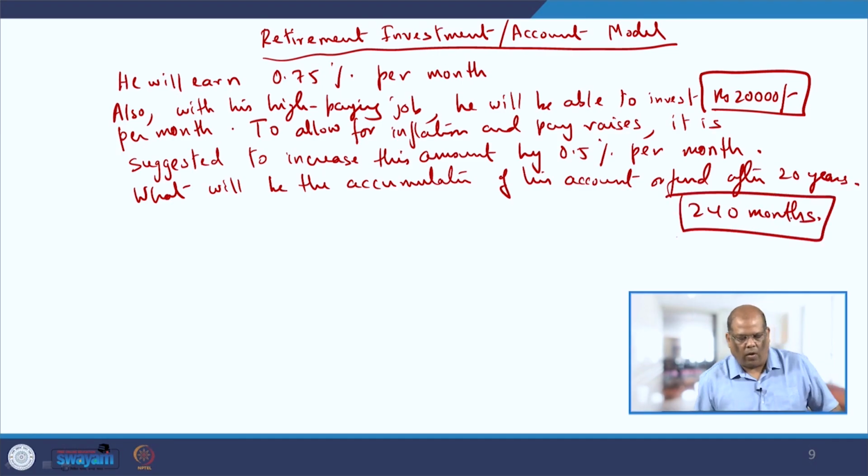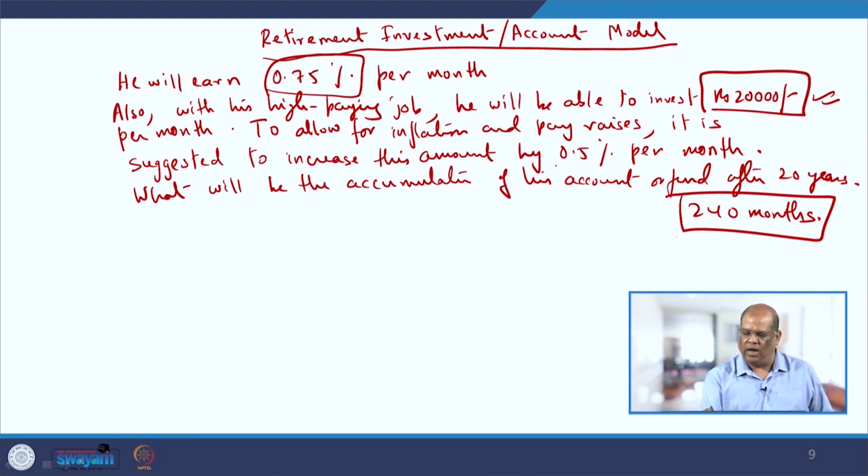So, we are going to model this situation where a person went to the bank and was asked to invest in this retirement scheme, and in the scheme they said that you will earn 0.75% every month, which is 9% per year, and if you invest 20,000 every month, that is the initial investment, let us find out what will be the amount after 240 months.